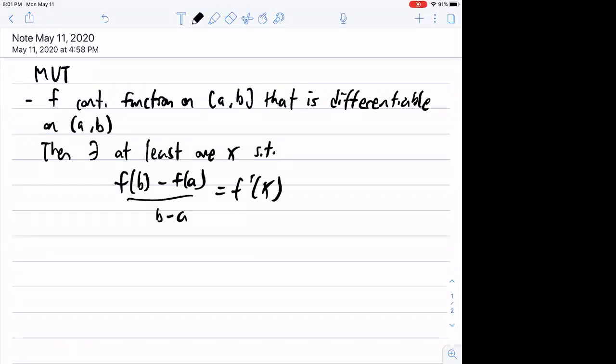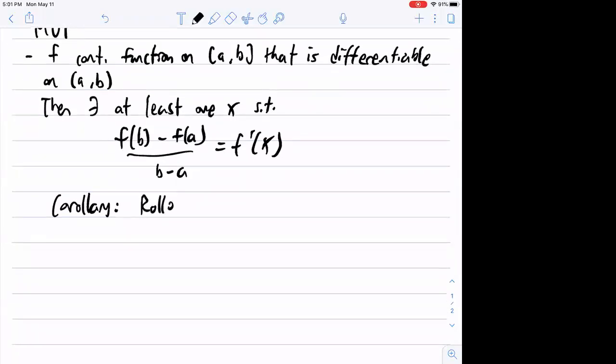A corollary of this is Rolle's theorem, which is when f(b) is f(a). But the "at least" part is clear, right? If f(a) is f(b), you're basically asking where the slope is 0.